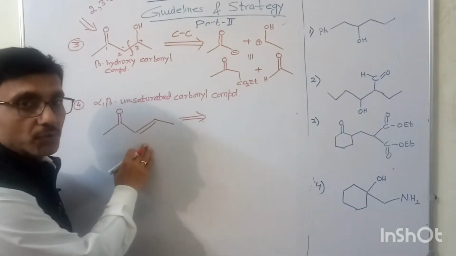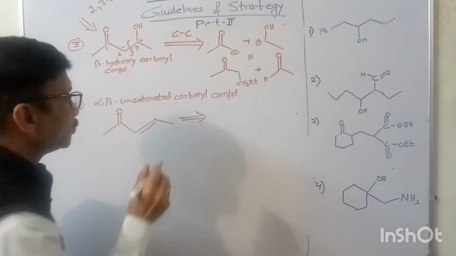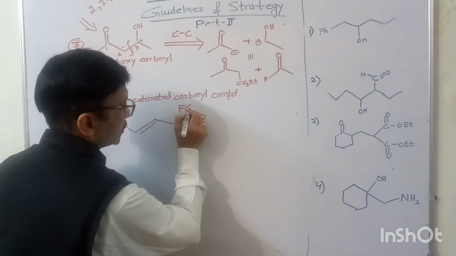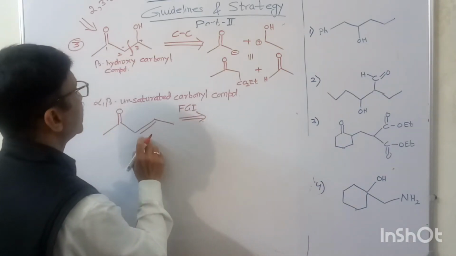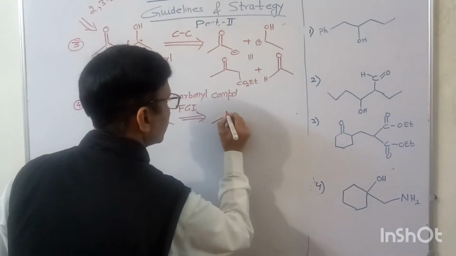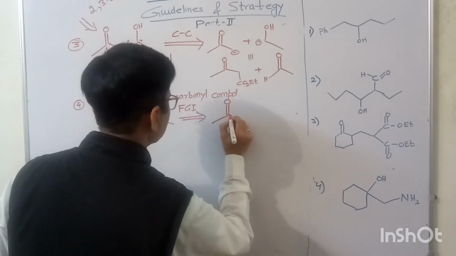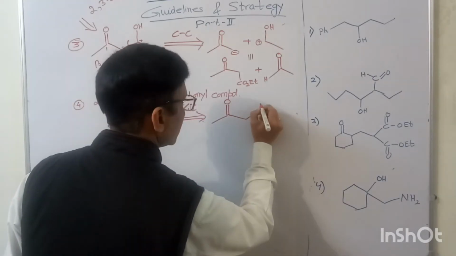For this, we should do the FGI first, so it can be converted into this form. It can be converted into a beta hydroxy carbonyl compound by FGI.